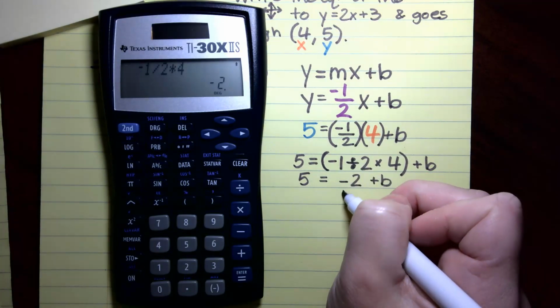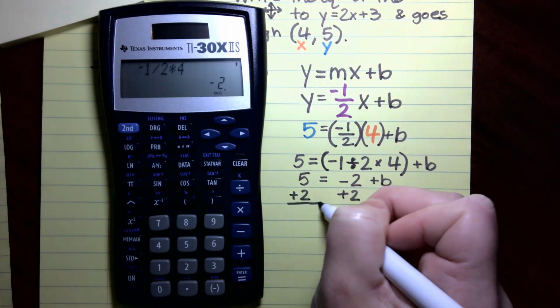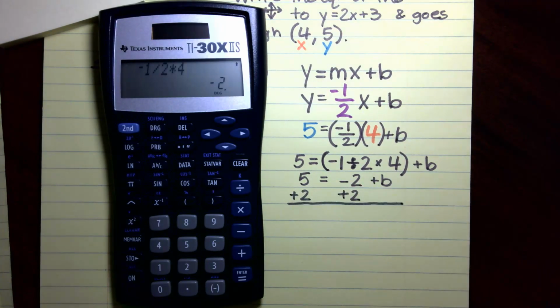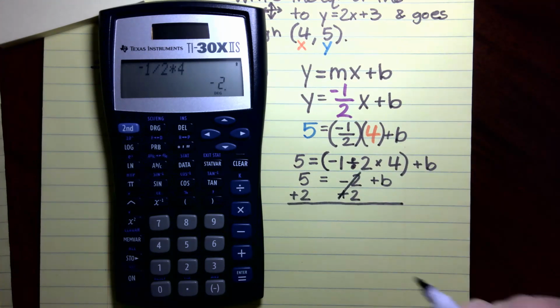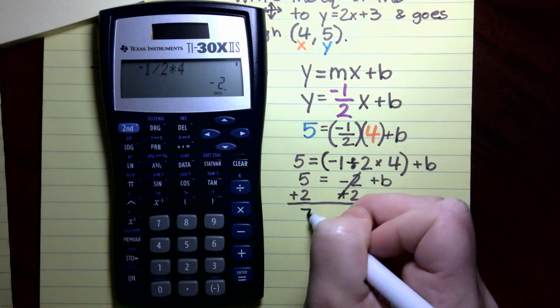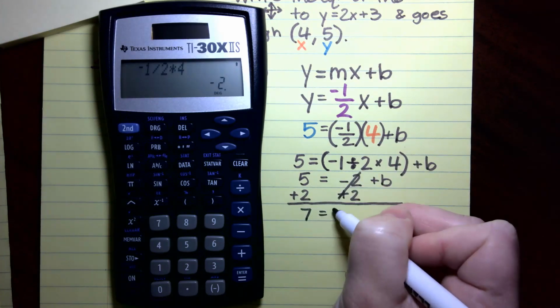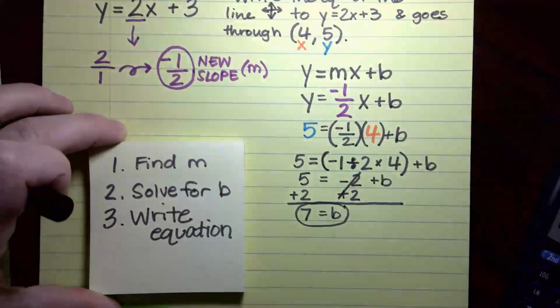Add 2. Add 2 to both sides. All right, my 2's are going to cancel out. 5 plus 2 is 7 equals b. Good. So guys, we're done with step 2.